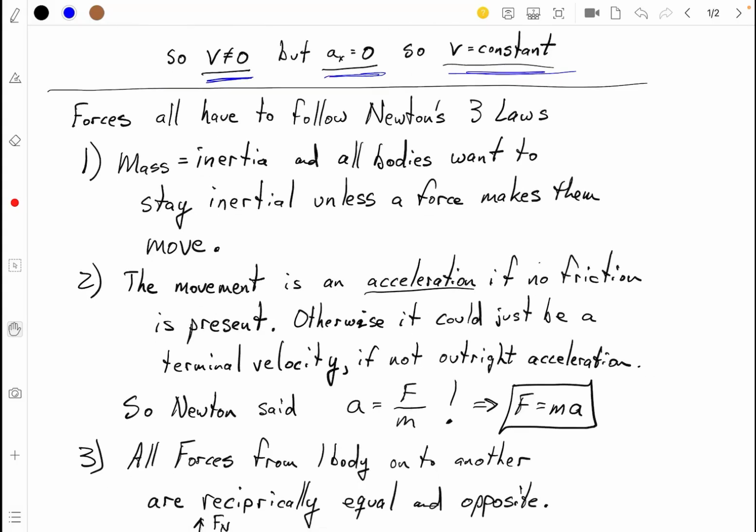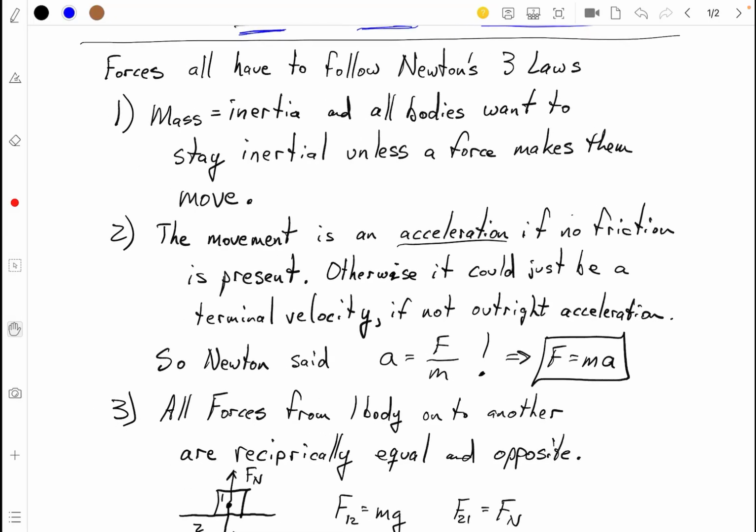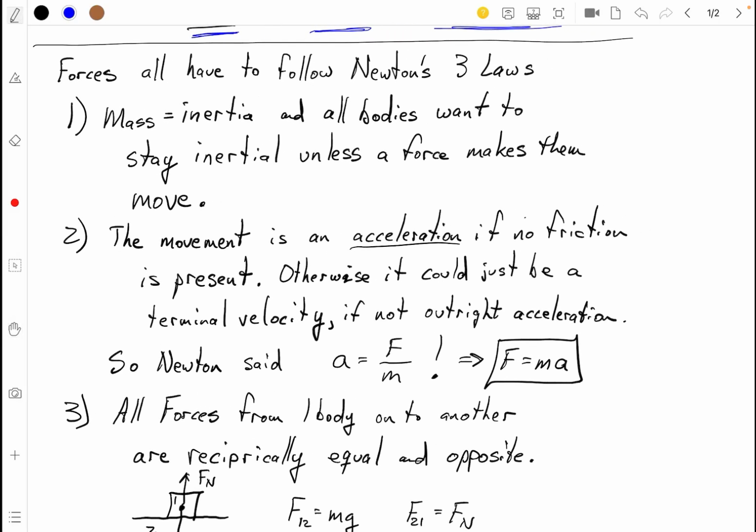All right. So now forces. Forces all have to follow Newton's 3 laws. All this stuff is Newton's 3 laws, and they come from this. So I should have probably led with this, but I'm going from those forces to this. So mass is equal to inertia. This is huge. This is critical.